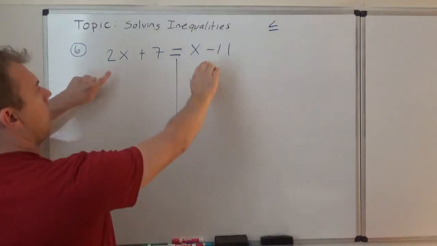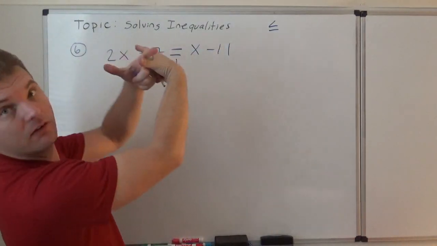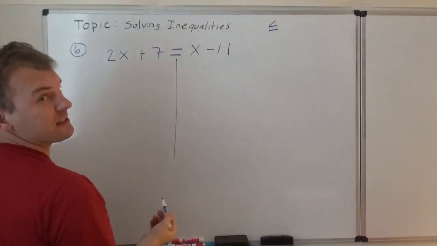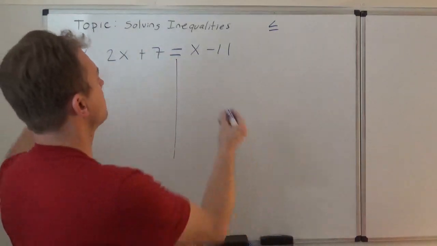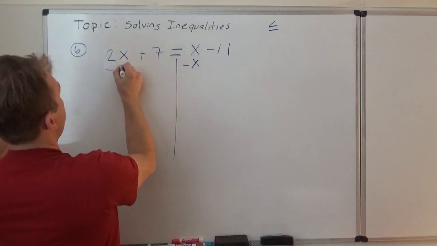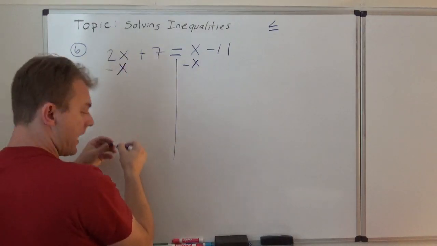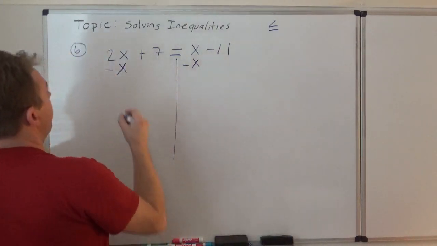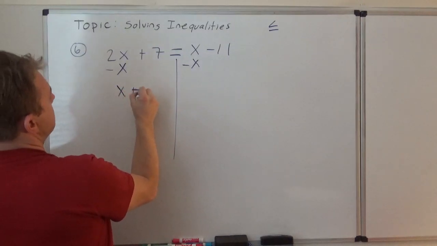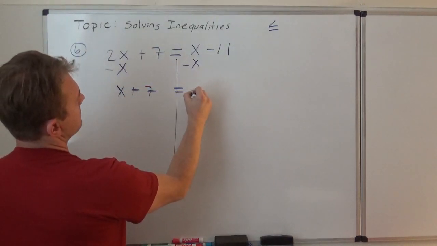So remember, we have to get the x's together. I've always been taught to take my lowest x. So x, x. And now on the side, I have x plus 7 equals -11.